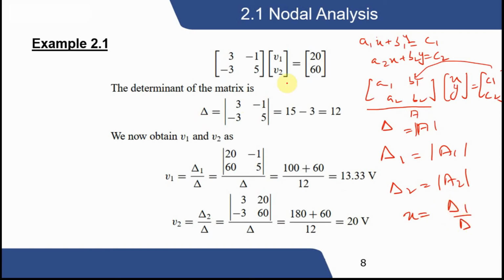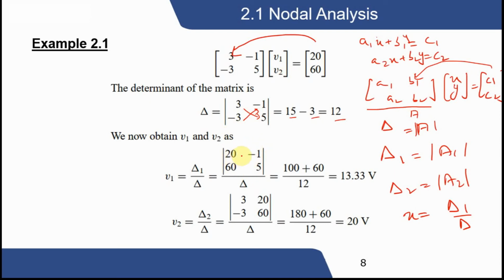Similarly here, for V1, first we have to take the determinant, which is delta. You know that for determinants, this multiplied by this, minus this multiplied by this: 3 times 5 is 15, minus minus 1 times 3, minus minus is plus, so it becomes 3. So 15 plus... 15 minus 3 is 12, so the determinant is 12. Then for A1 we replace this column.